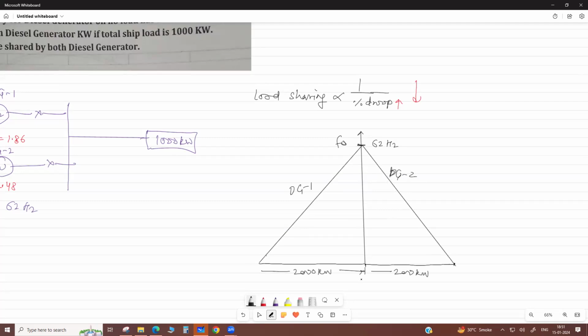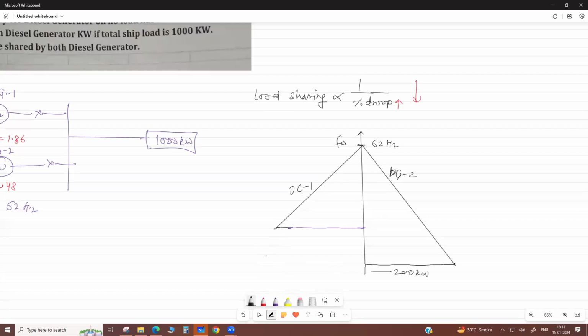Now, their droop settings are different. Means this line will be offset. Here only 3% drop, here it is 4% up to here only. This came out a bit wrong in our drawing. They will be offset. Why are they offset?